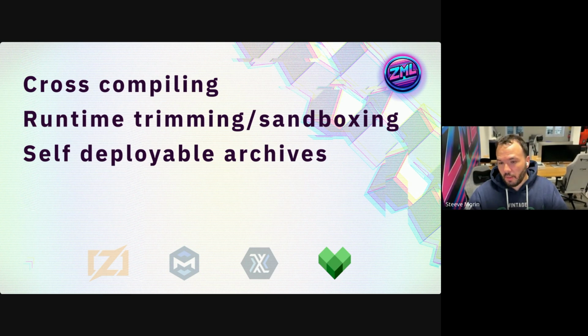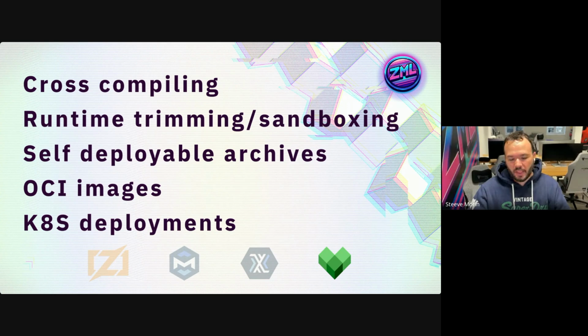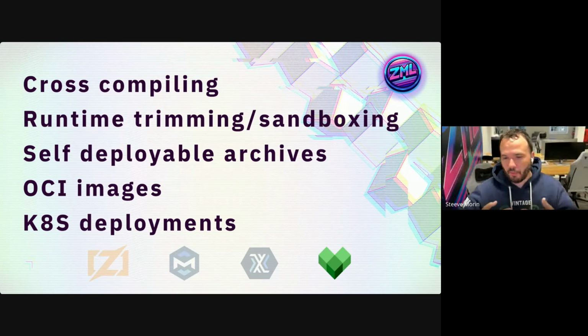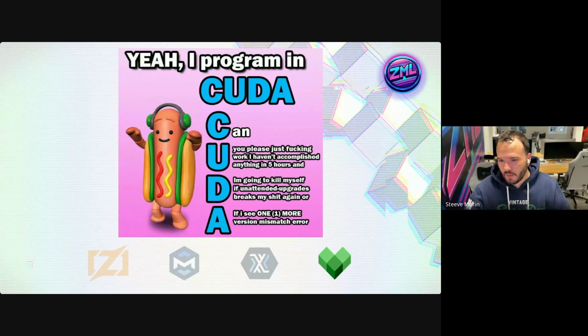We actually are able to build self-deployable archives, OCI images, and even Kubernetes deployments. And the idea is that because we sandbox the runtimes, we can couple the code we generate to how it's going to run. So there's no CUDA version mismatch. This is a thing of the past.